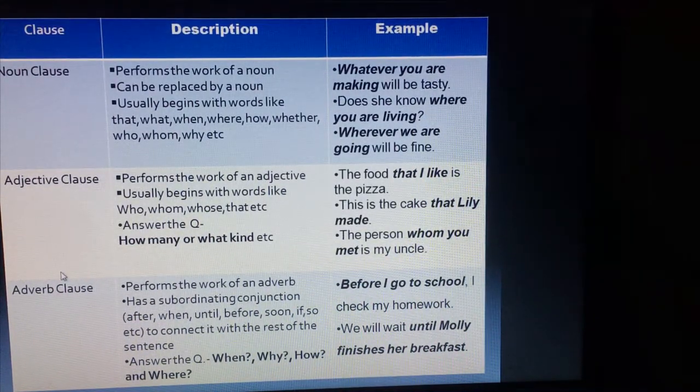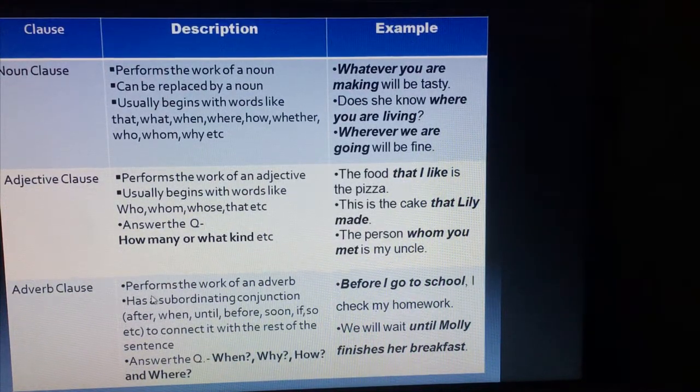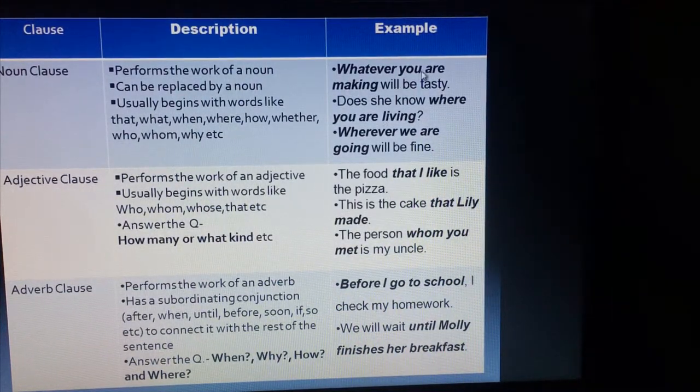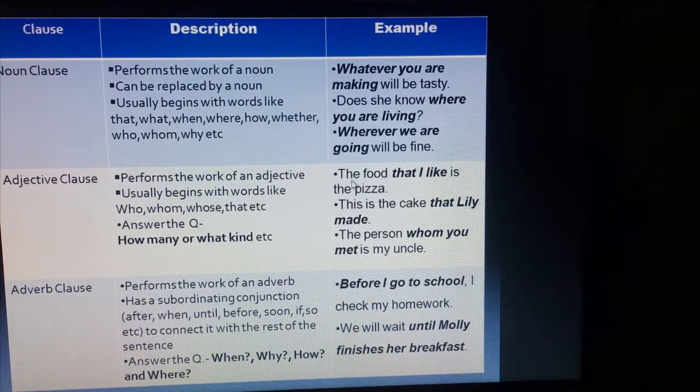The same table is given in your textbook, and you can also find these things in your book. I have given some different examples so that you can understand it. In your book you will find only one example for each, but I have given 2 or 3 examples for each clause, so that you can understand.